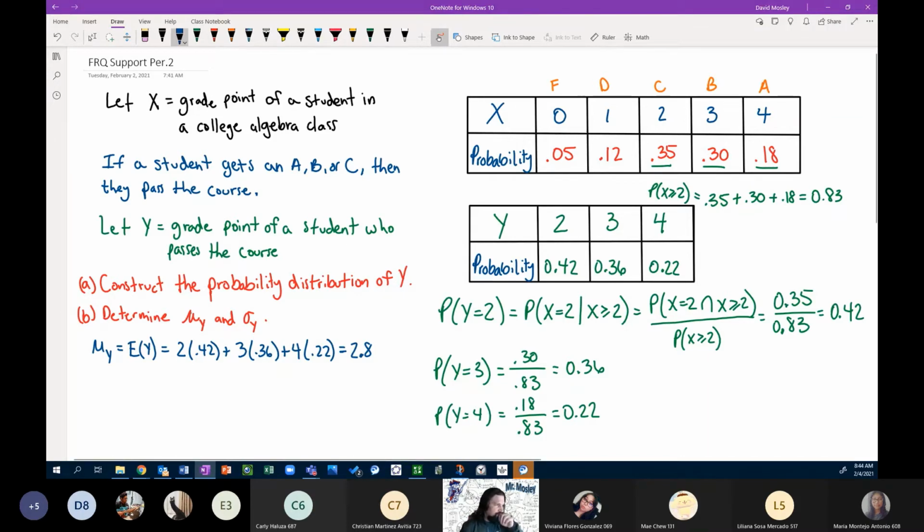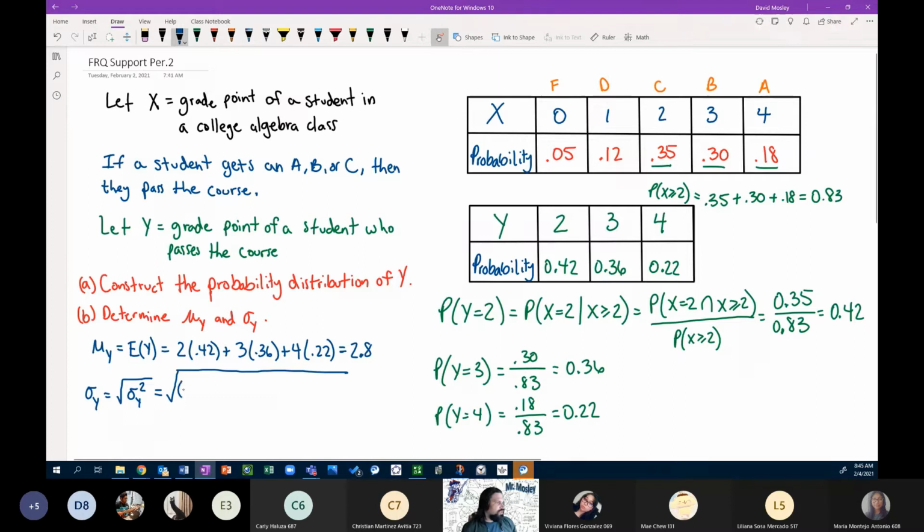Right. When finding the standard deviation of y, it is equal to the square root of the variance, which again, there isn't a shortcut for this. We have to just push the math through.